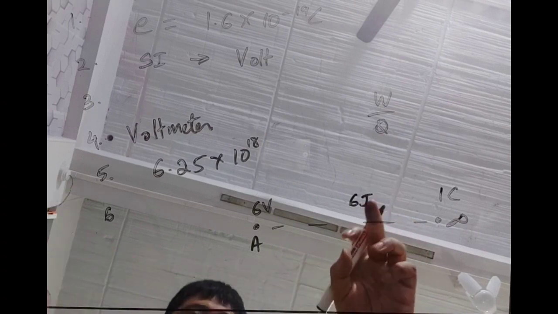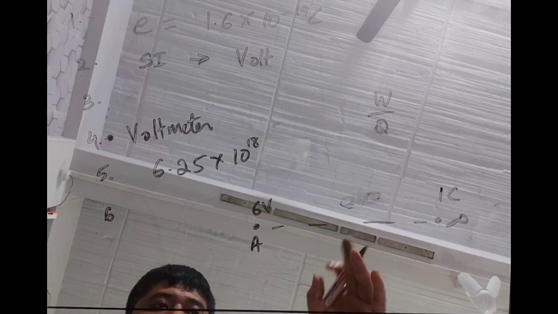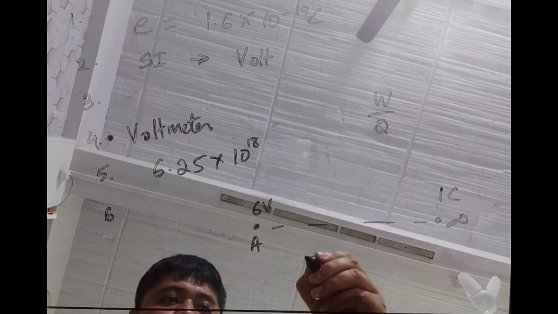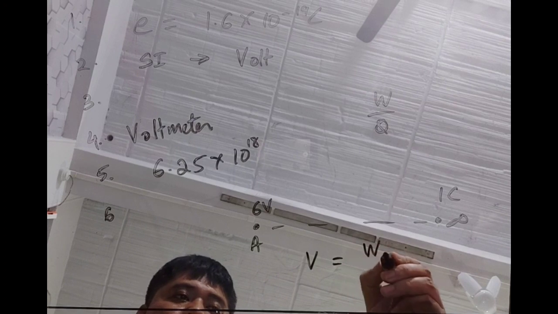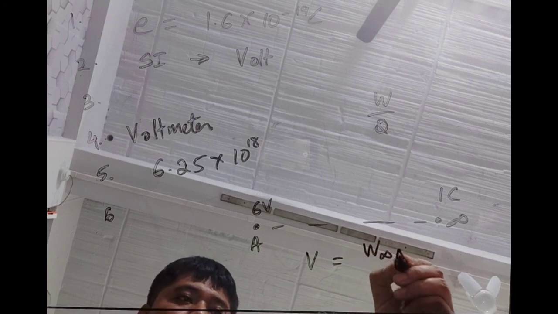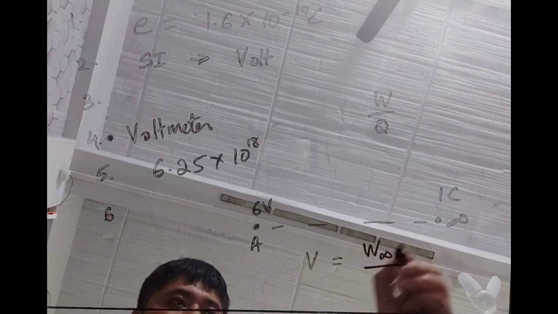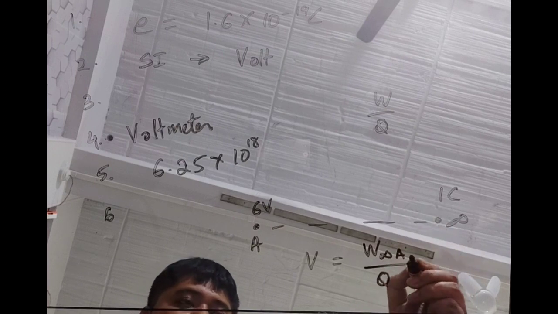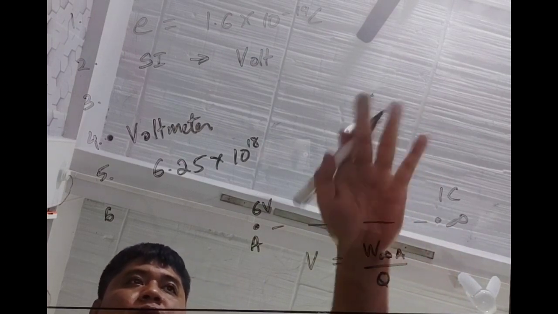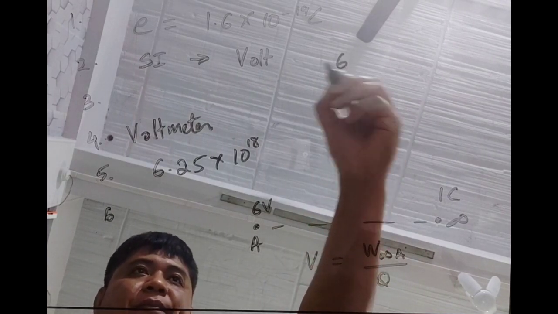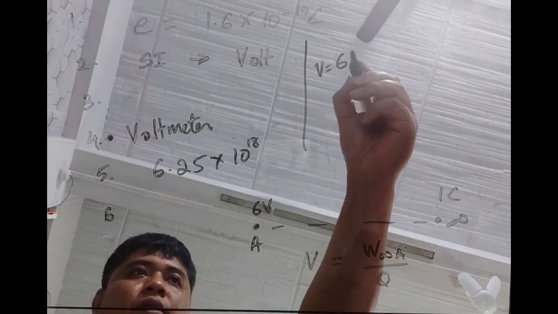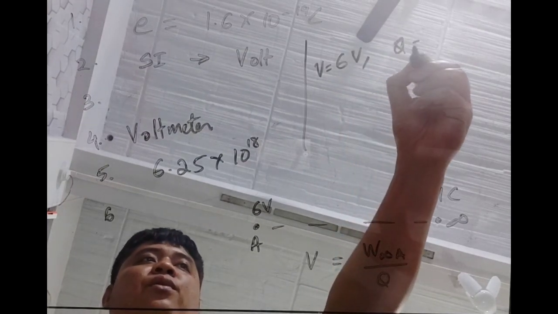Here, potential at the point is equal to the amount of work done in moving a charge from infinity to point A divided by Q. Here V is 6 volt and Q is 1 coulomb.